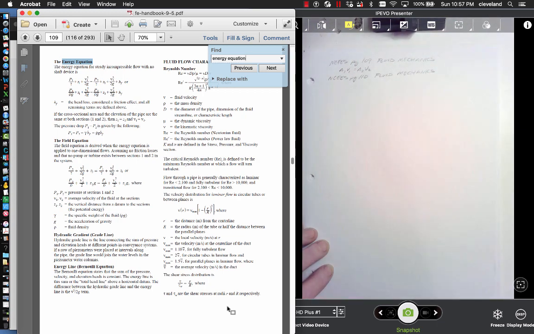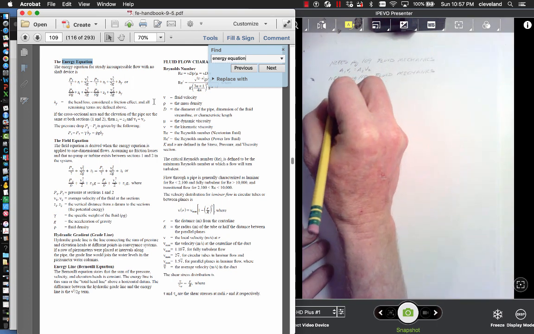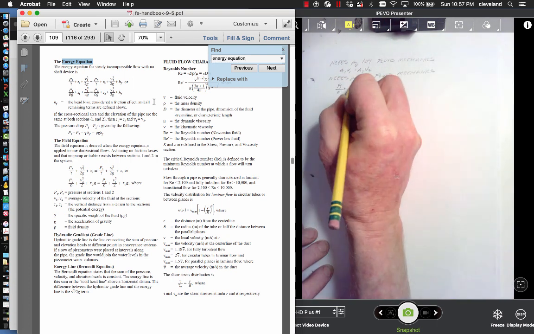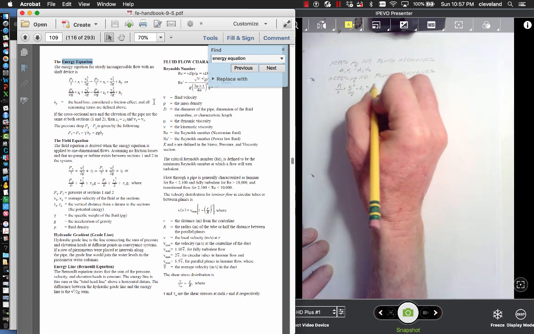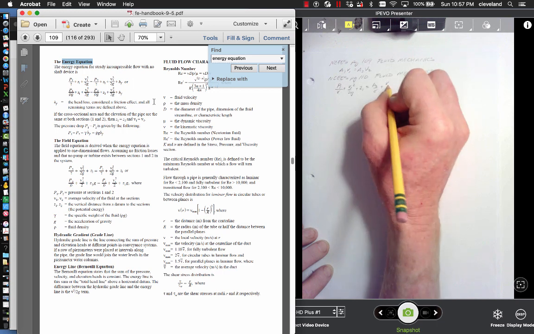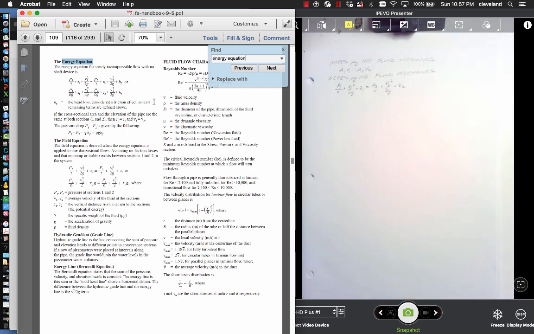We're actually going to use the version without head loss because we're told that friction is negligible. So we have P1 over gamma plus V1 squared over 2G plus Z1 equals P2 over gamma plus V2 squared over 2G plus Z2. So there's our two tools.